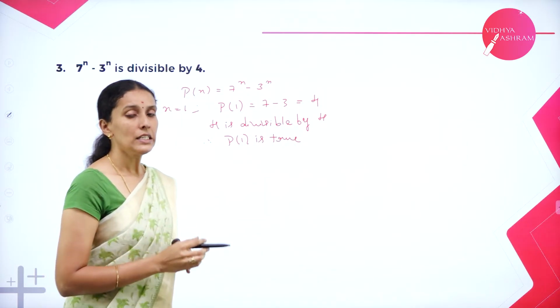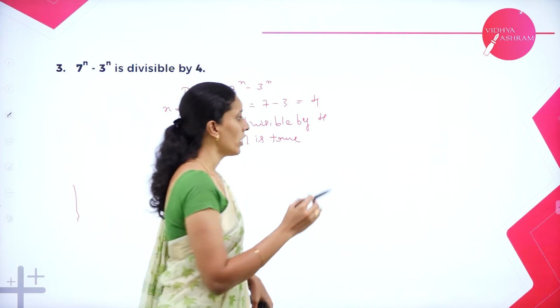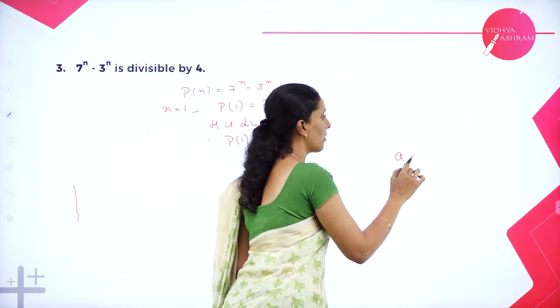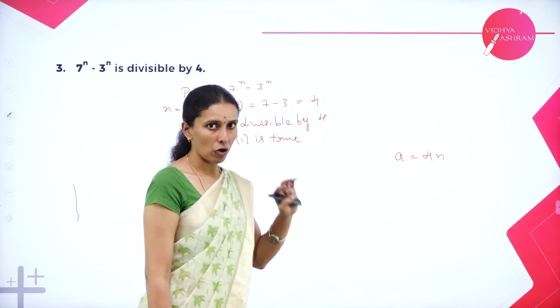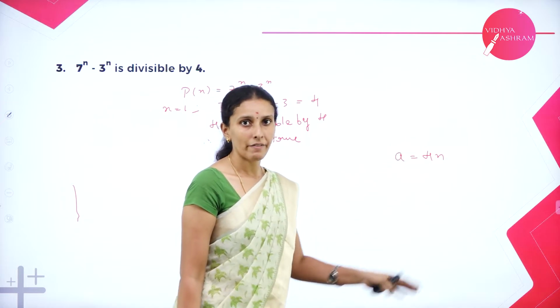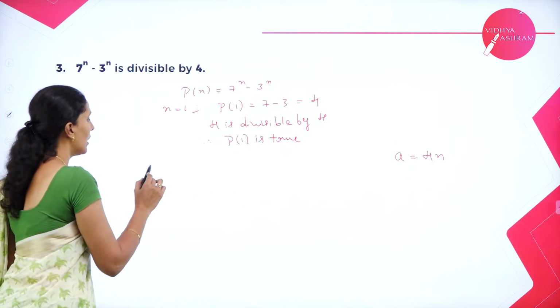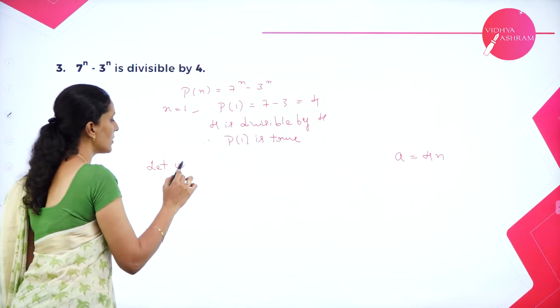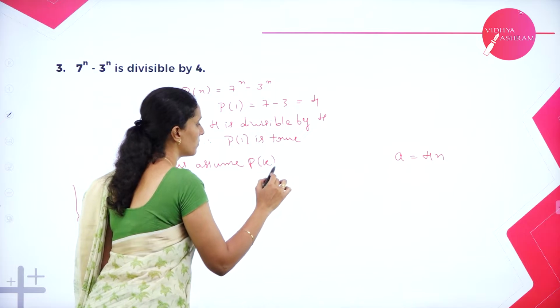When any number is divisible by 4, we write it as a = 4n. If a is a multiple of 4, then it clearly divides by 4 by some factor n. So let us assume P(k) is true.